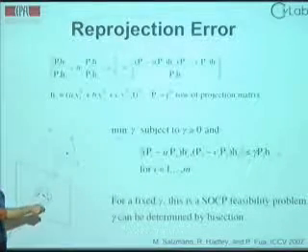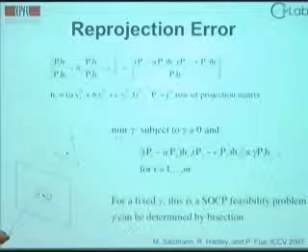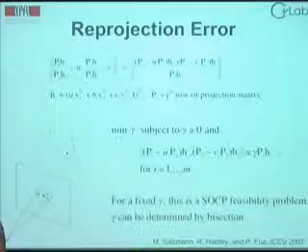So there are good solvers for that. And so the way this is done, gamma is the maximum reprojection error you're willing to tolerate. So it's not known a priori. What you do is you solve the problem several times, and you find the smallest one for which there is a solution. And because it's convex optimization, it doesn't cost you that much to do this several times.